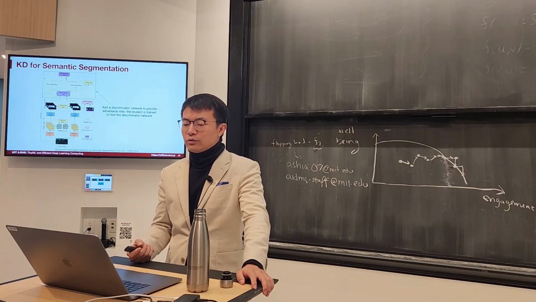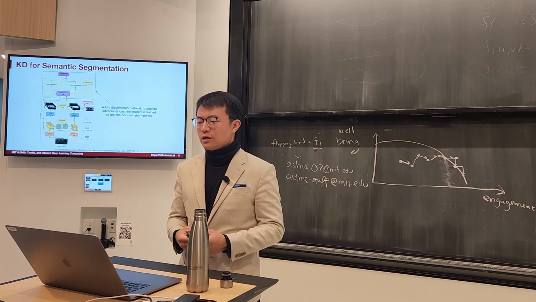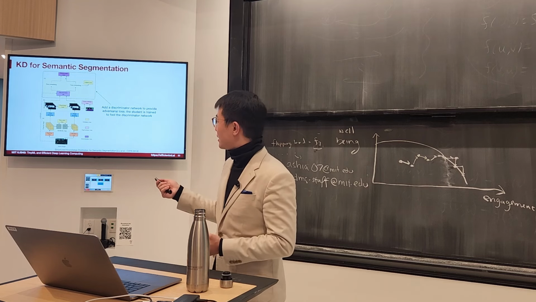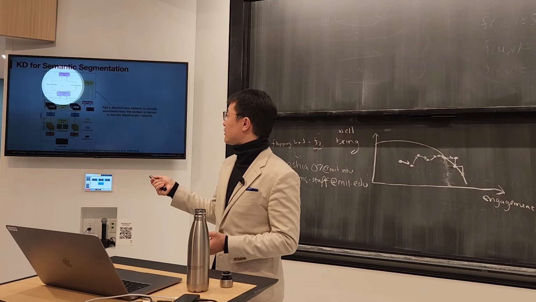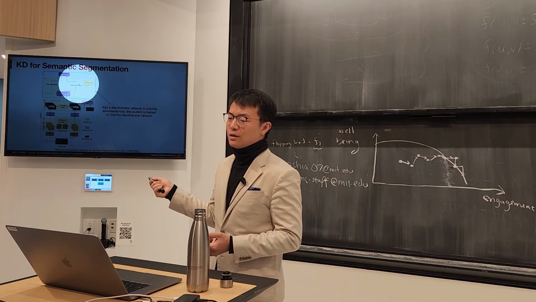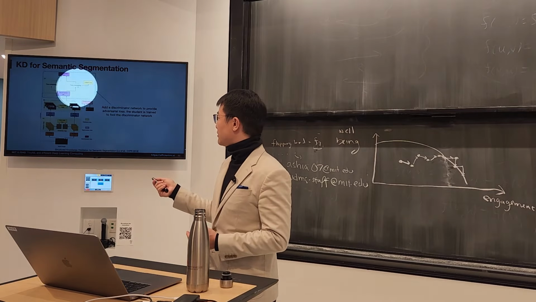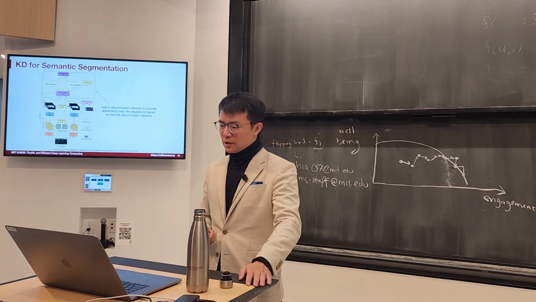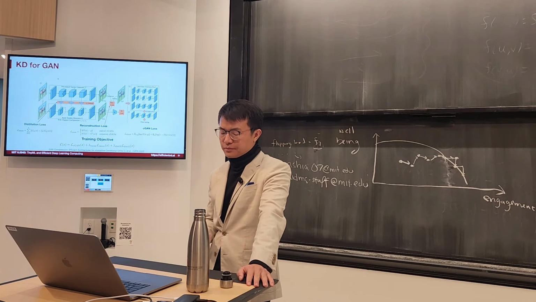We can also encourage the student to grow to be as accurate as the teacher, such that the discriminator cannot tell this is a fake embedding from the student. They are thinking these two are as good as each other, and they cannot distinguish them. Then the output given by the student should be very close to the teacher. So that's the adversarial loss as the distillation.